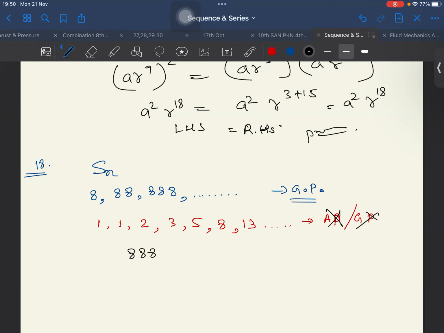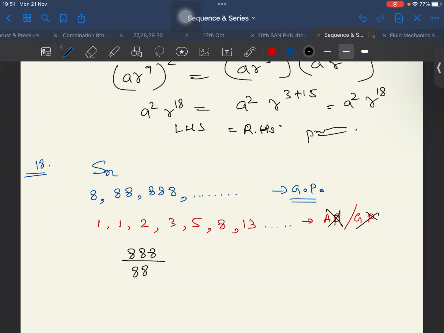So just divide it, 888 divided by 88. How much are you getting? Anyone, please tell me, how much is 88 by 888? See, just divide it. Tell me in fraction, how much you will get? 10 point something.